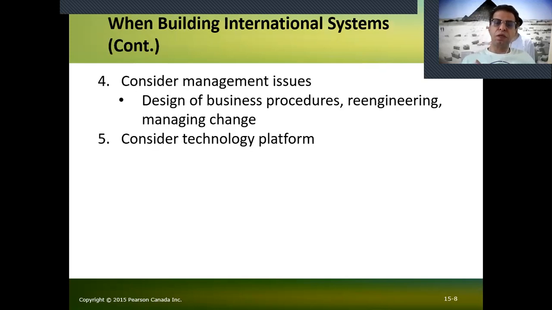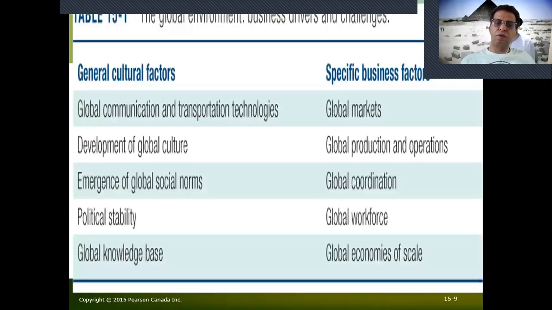When building an international system, we also need to consider management issues, design of business procedures, re-engineering and managing change. And also we need to consider the technology platform. There are general cultural factors and there are specific business factors.